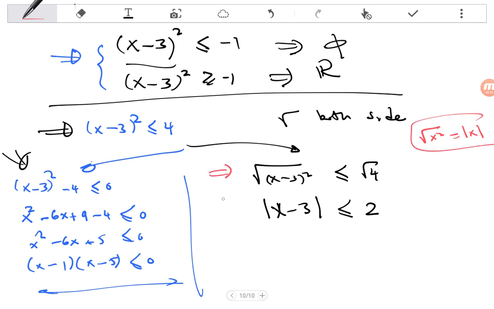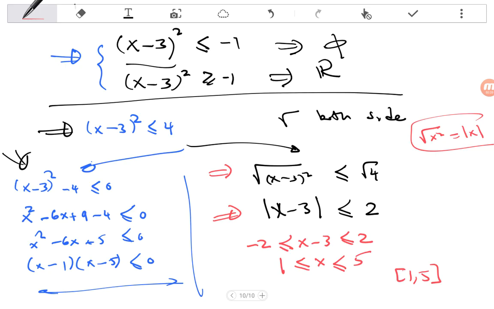So this inequality just converts to this one, which we have learned how to solve. That will be x minus 3 between negative 2 and 2. I just add 3 to all of them, so that will be 1 and 5, and the solution will be from 1 to 5.